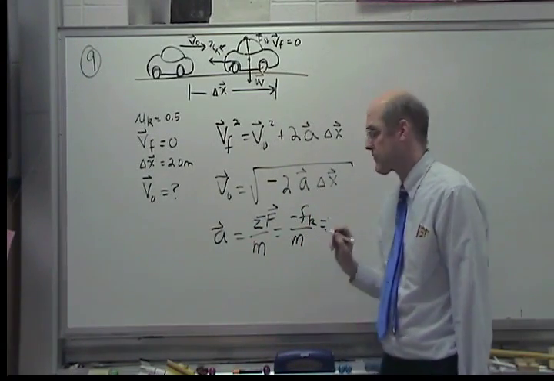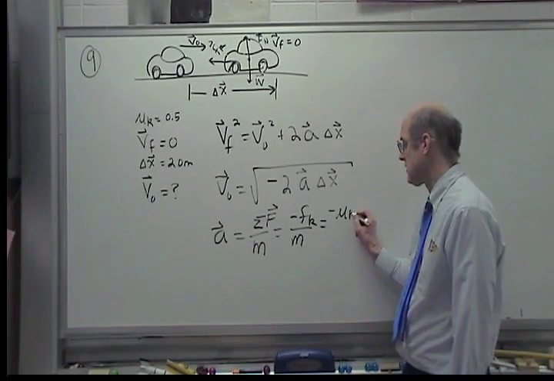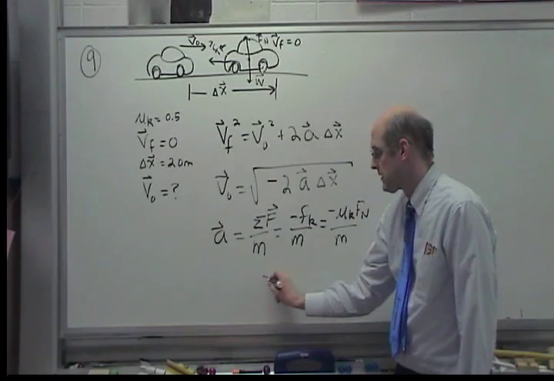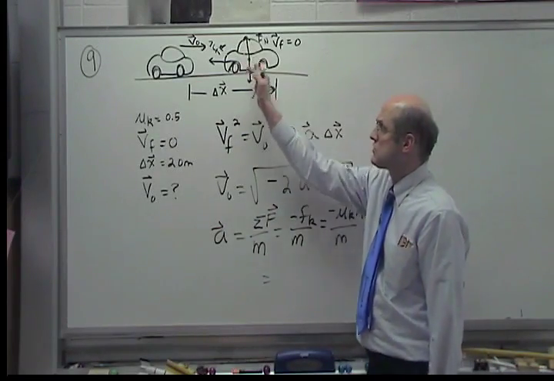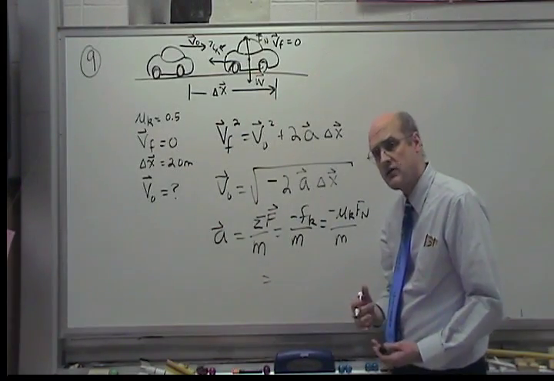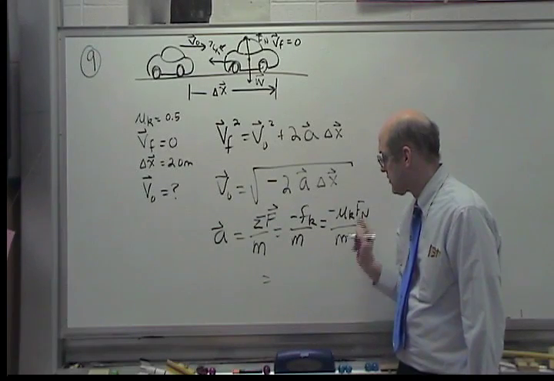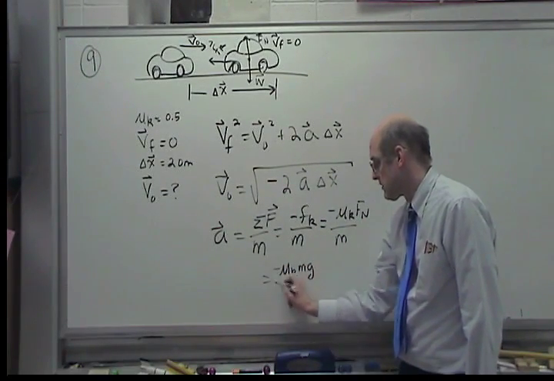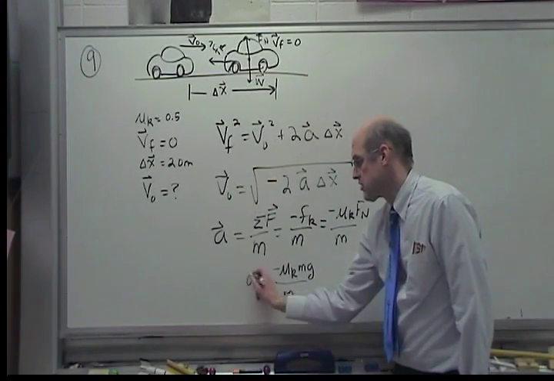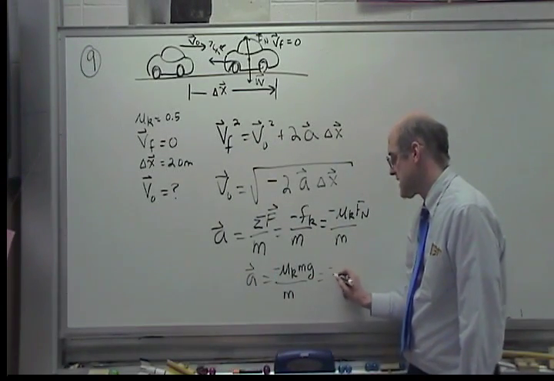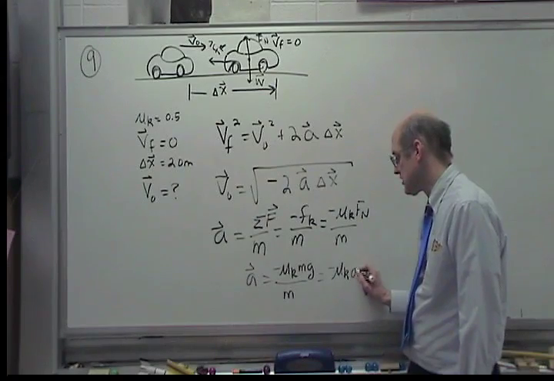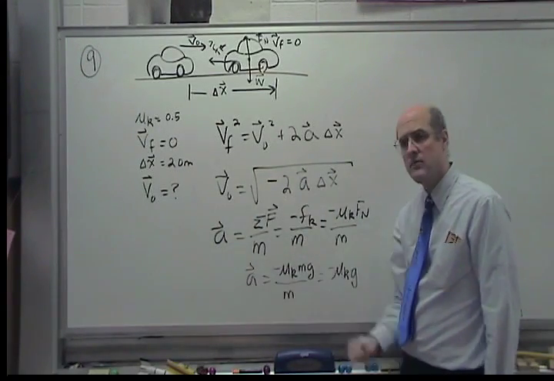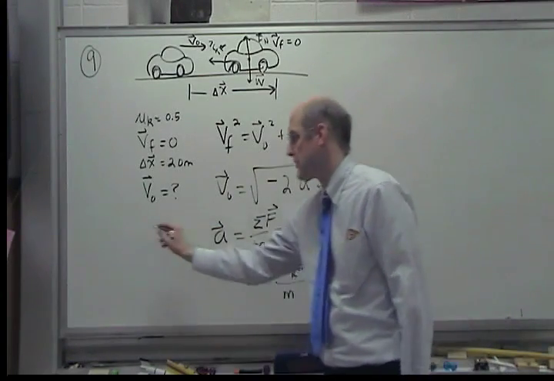And the force of kinetic friction is equal to mu k times the normal force. We just saw that the normal force is equal to the weight in magnitude. So I can replace the normal force with mg. So we end up that the acceleration of the car is equal to negative mu k g. This I'll substitute into this equation here, and that will allow me to find the original velocity of the car.